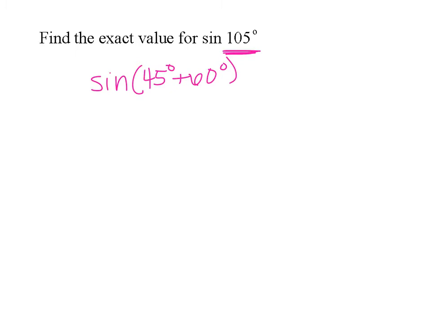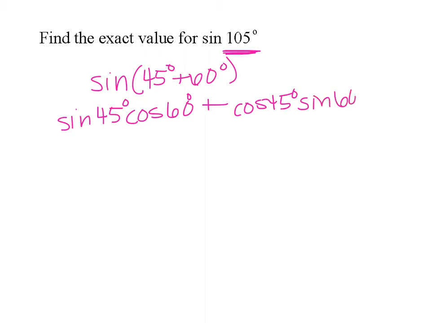And then in our song, the sine comes first. So sine, cosine, cosine, sine. So you do sine of 45 cosine of 60, and then this is plus, so we keep the plus in the middle, cosine of 45 degrees times sine of 60 degrees.